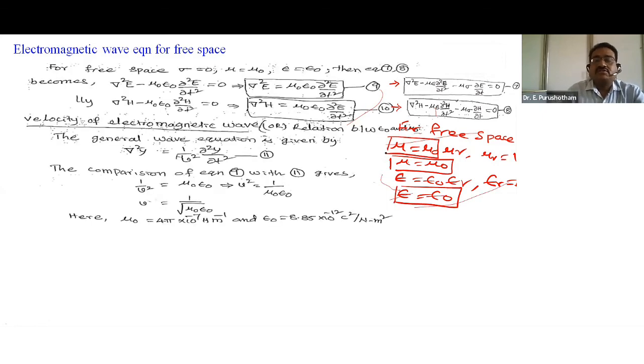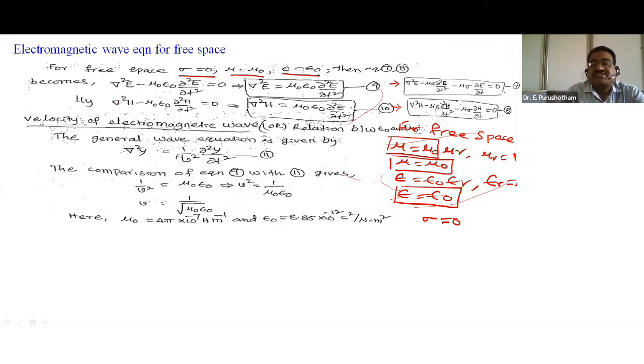You can see here, and electric conductivity is 0. In free space, there is no electric conductivity. Sigma is equal to 0. You see clearly for free space, sigma is equal to 0, mu is equal to mu naught, epsilon is equal to epsilon naught.